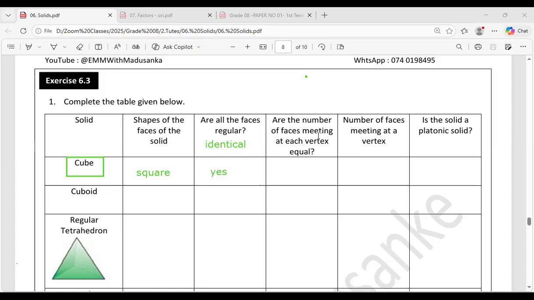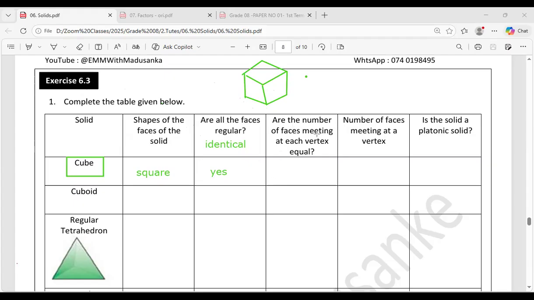Are the number of faces meeting at each vertex equal? If you consider a cube, yes, it should be yes. I have given you this under an important point.